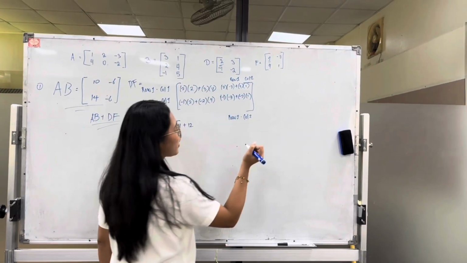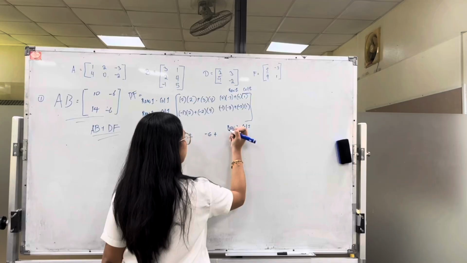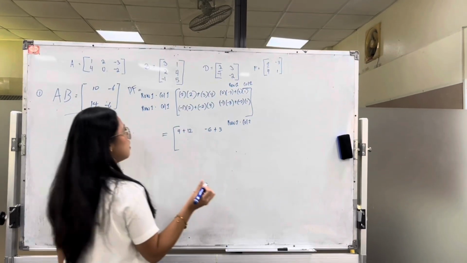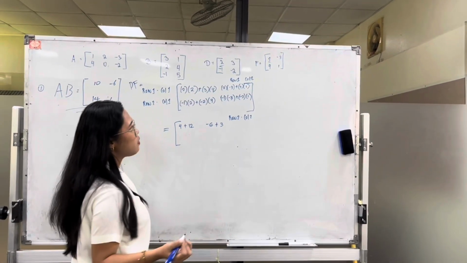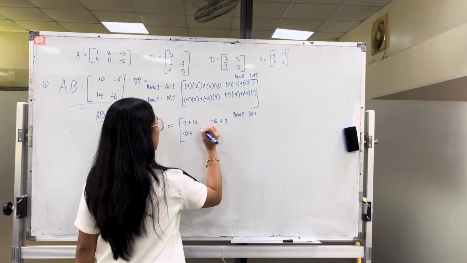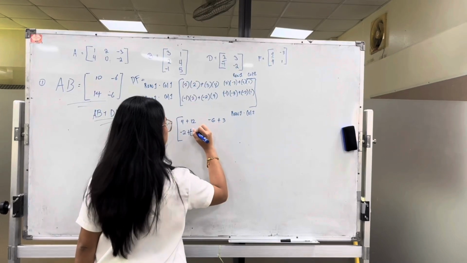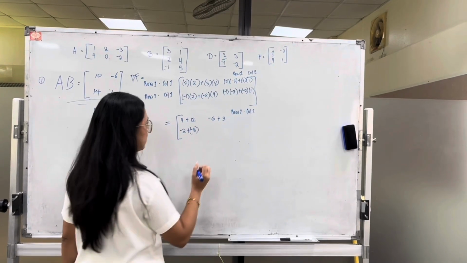So 2 times 2 is 4 plus 3 times 4 is 12. We have here 2 times negative 3 is negative 6 plus 3 times 1 is positive 3. So next we have negative 1 multiplied with 2 is negative 2 plus negative 2 multiplied with 4 is negative 8.